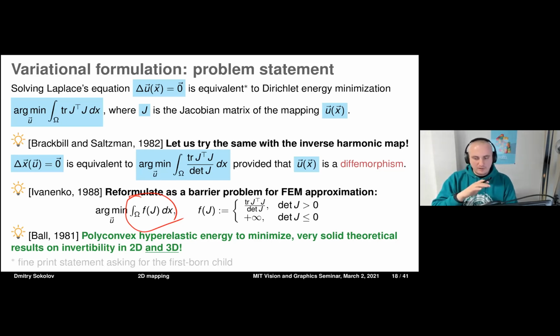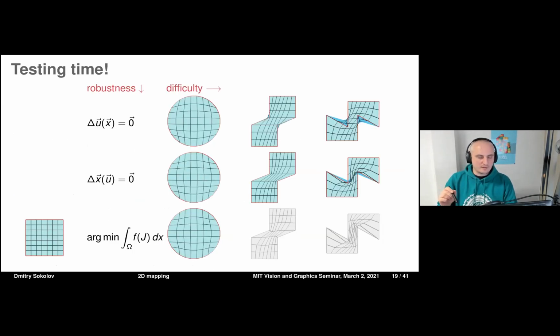Before I give you the actual algorithm, let us see how it behaves. Let us test this formulation on our three test cases. And we can see that all three test cases are successfully passed. Indeed, the square is well mapped to a disk.